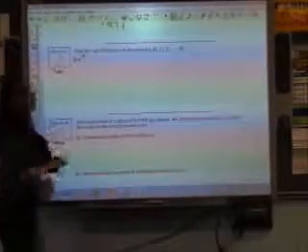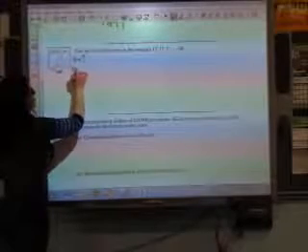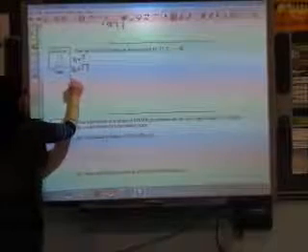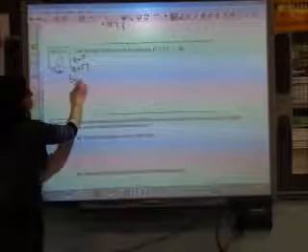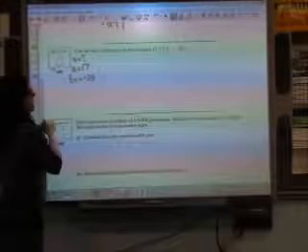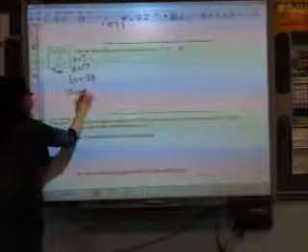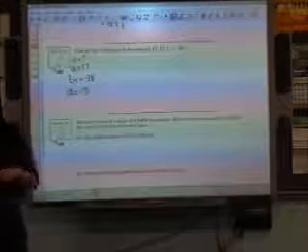I don't know how many terms I have, but I know that the first term is 17, my t of n term would be negative 38, and the common difference is negative 5.